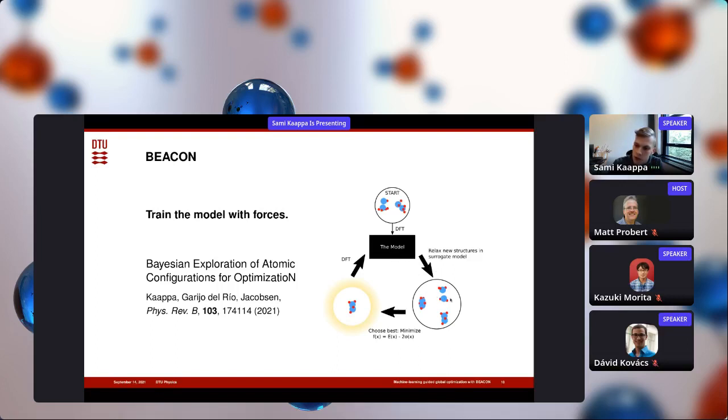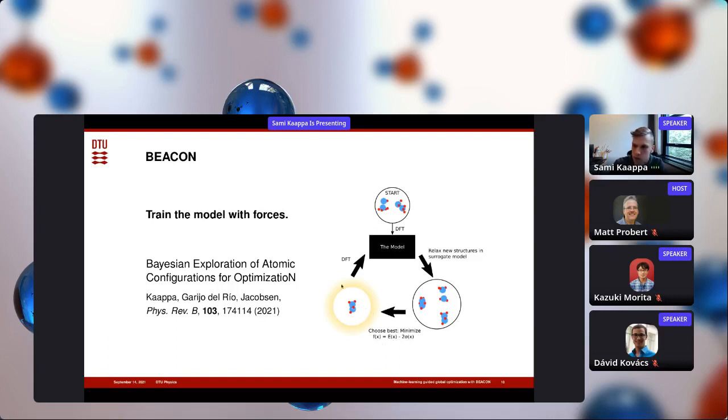And once we have done that, we have relaxed structures. We choose the best one of these structures by looking at the values of energy and the uncertainty. This function is called the acquisition function, and we just look at the energies and the uncertainties that are given by the Gaussian process for each data point. And we select one structure based on this.